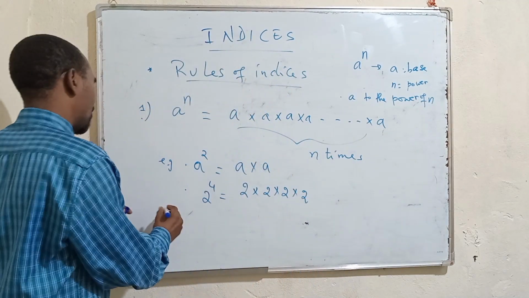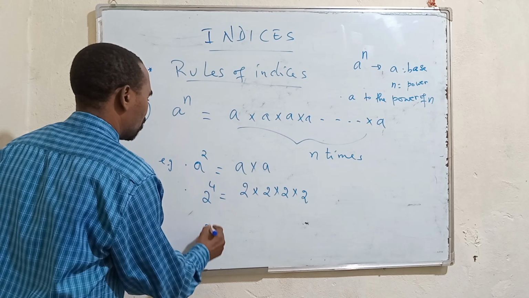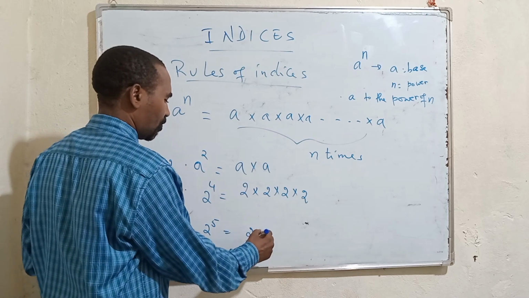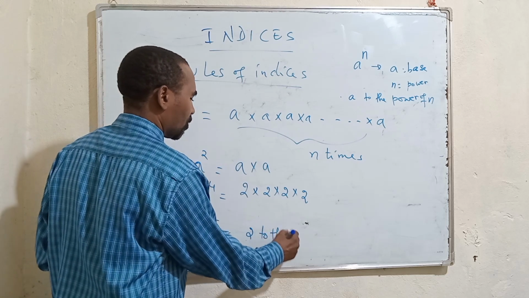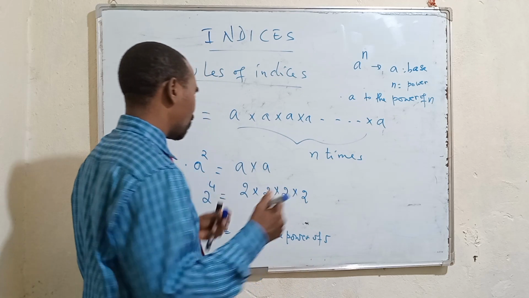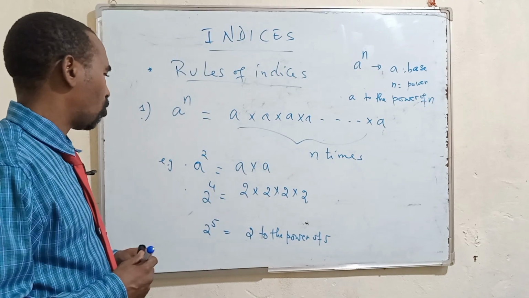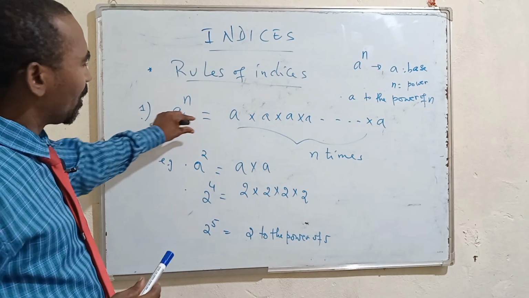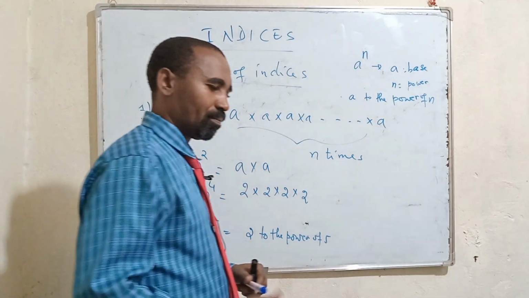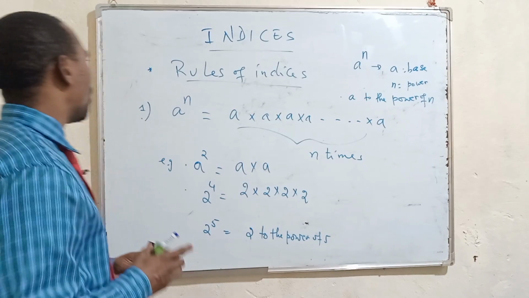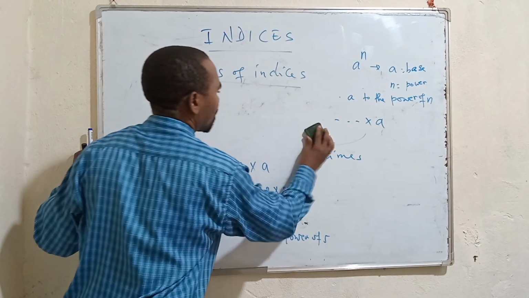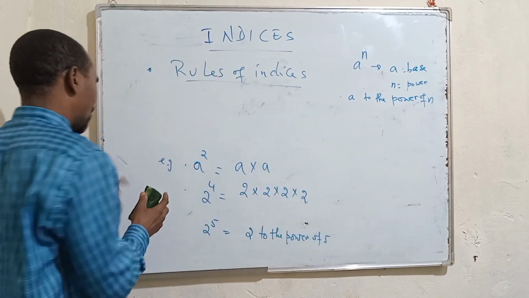If I write 2 power 5, this is 2 to the power of 5, or simply 2 power 5. Knowing this property will now help us to perform a big number of indices.